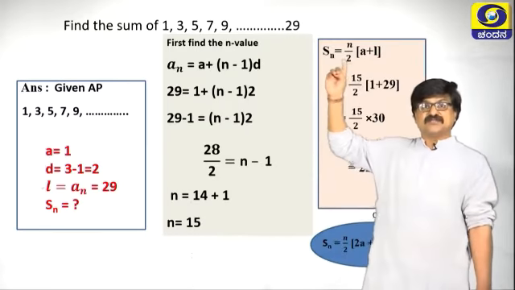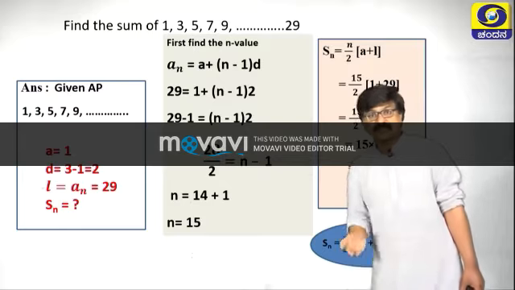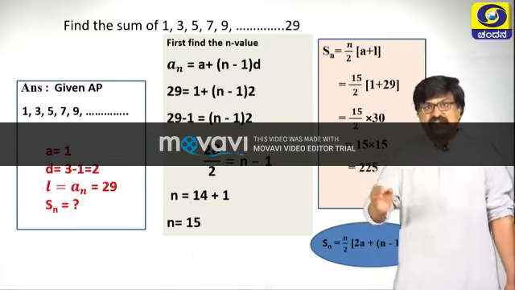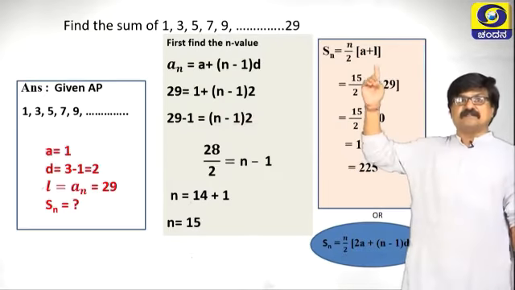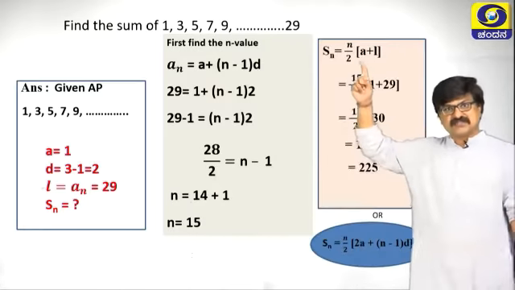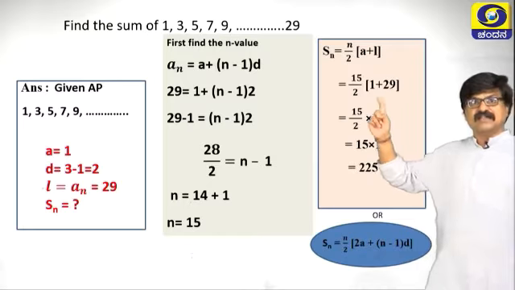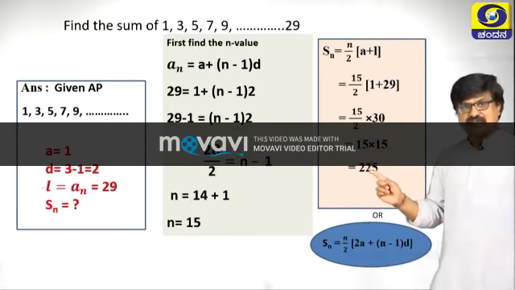Then take this formula, that is Sn equals n by 2 into (a plus l). In the previous sum we used Sn equal to n by 2 into (2a plus (n minus 1) into d). Here we are using a plus l because the last term is given. Substitute n as 15, which we have calculated, l as 29 and a as 1 here, and finally we get 225.